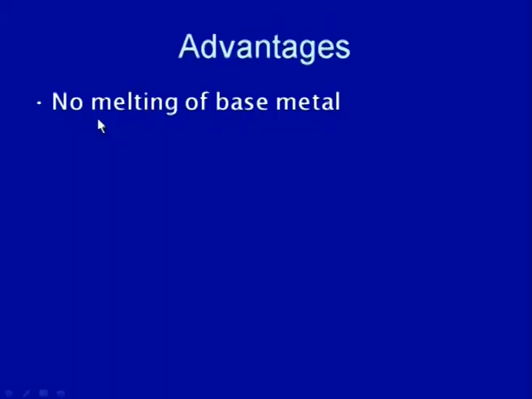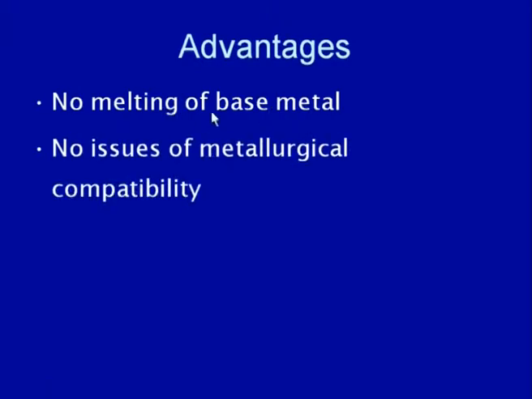There are some other important benefits associated with the braze welding process. No melting of the base material takes place in this process, and because of the absence of melting, many undesirable effects related to the melting of the base material can be avoided, and there are no issues related to metallurgical compatibility, because only the filler material is brought to the molten state and it fills the gap between the plates to be joined.